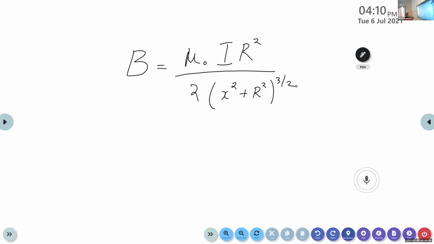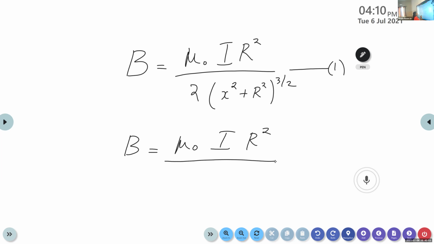Now we multiply and divide this equation 1 by pi. We get B is equal to mu 0 I r square divided by 2 into x square plus r square the whole raised to 3 by 2 into pi divided by pi. Now we are rearranging this equation.